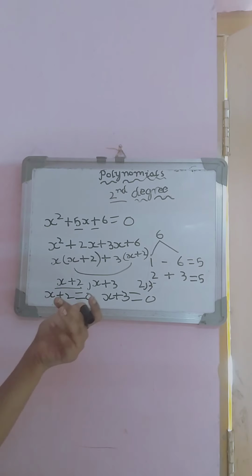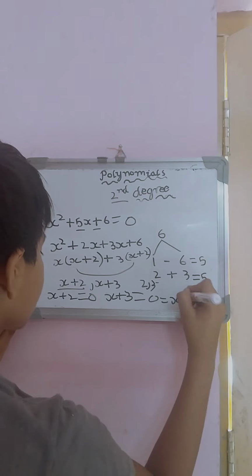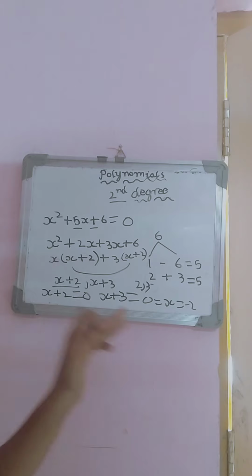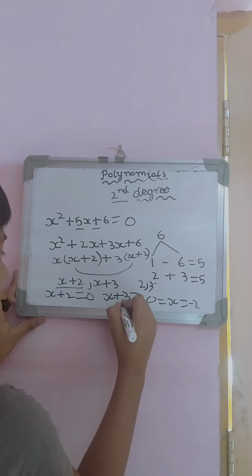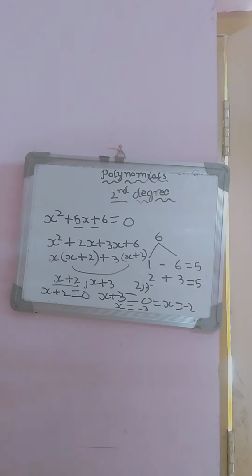Then x is equal to minus 2, and x is equal to minus 3. Like this we should factorize and find the roots.